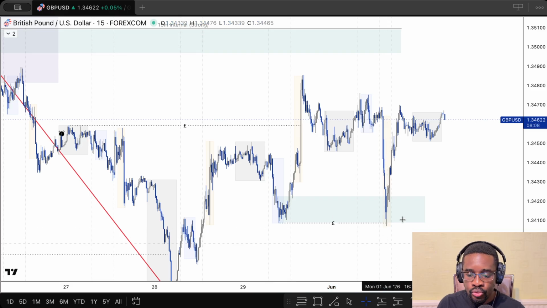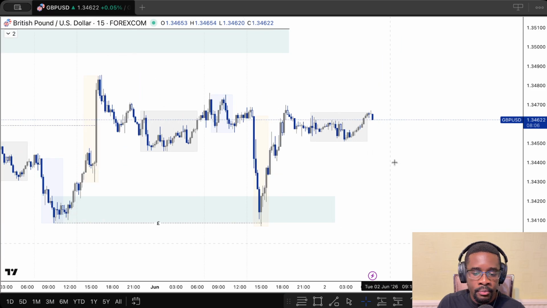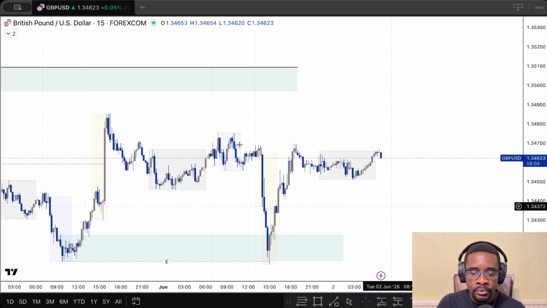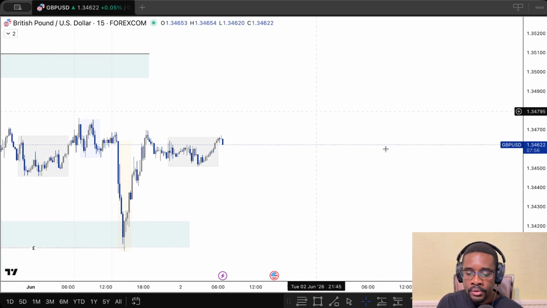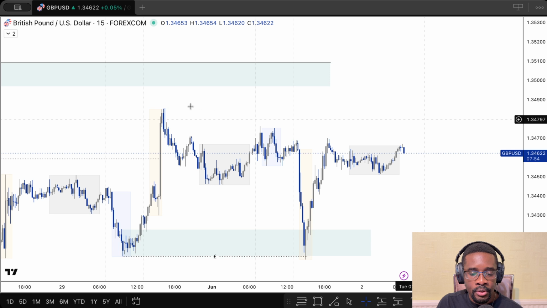Alright, so we had a sweep right there, price pushed up. Ideally would have wanted to see it push all the way up and break structure, which has not yet happened. So this would be a weak sub-internal high, so that could be a target for price.